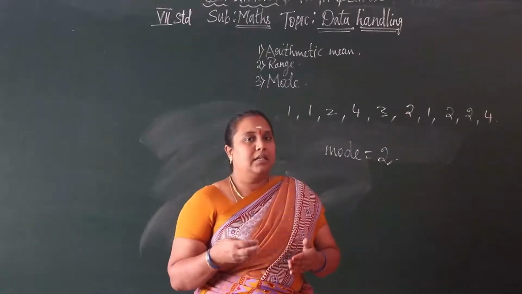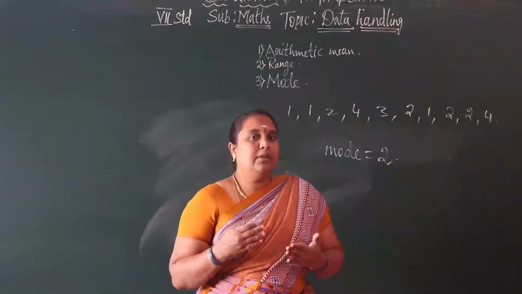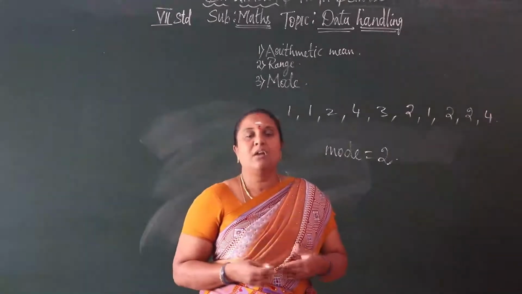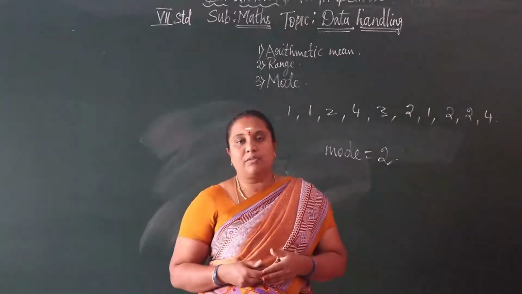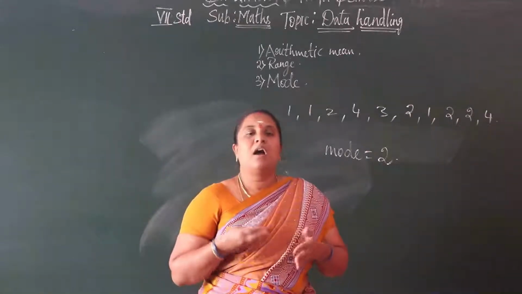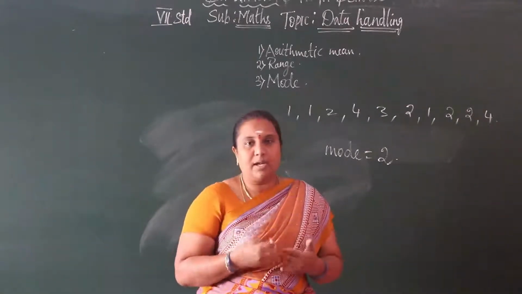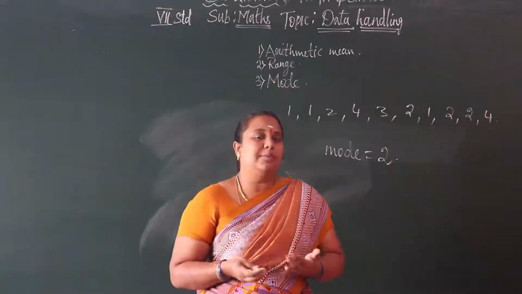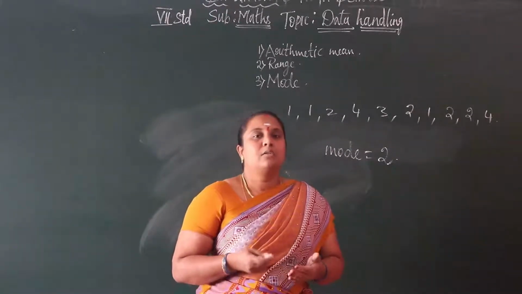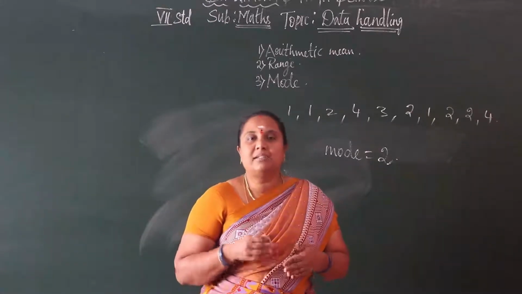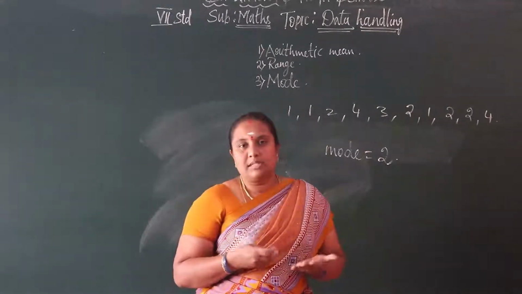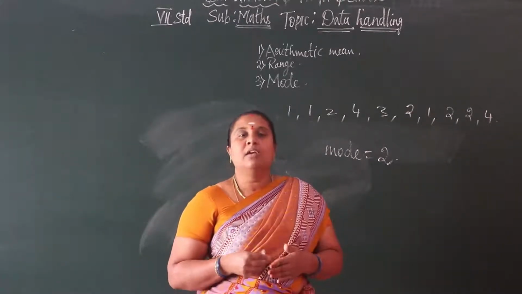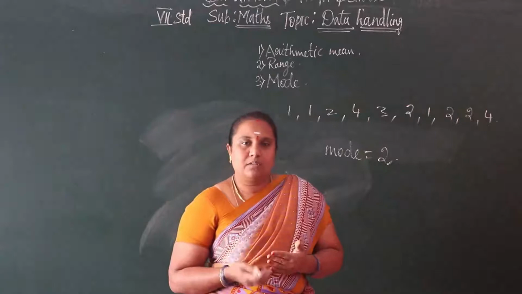But if you have 40, 50 or 100 observations, how can you count? One by one you can count, but how to see which is more and which is less? For that we use tally marks to see the mode of the given set of values.